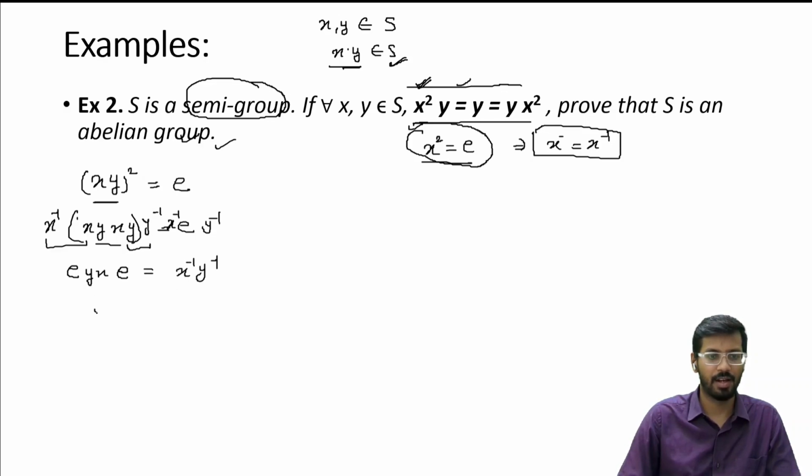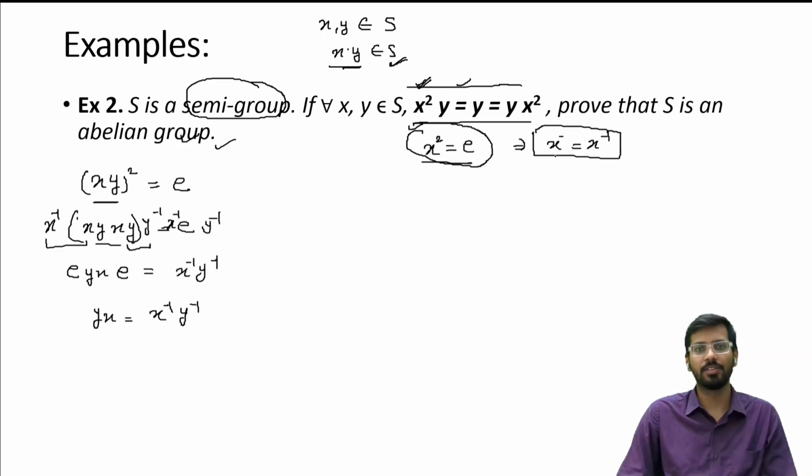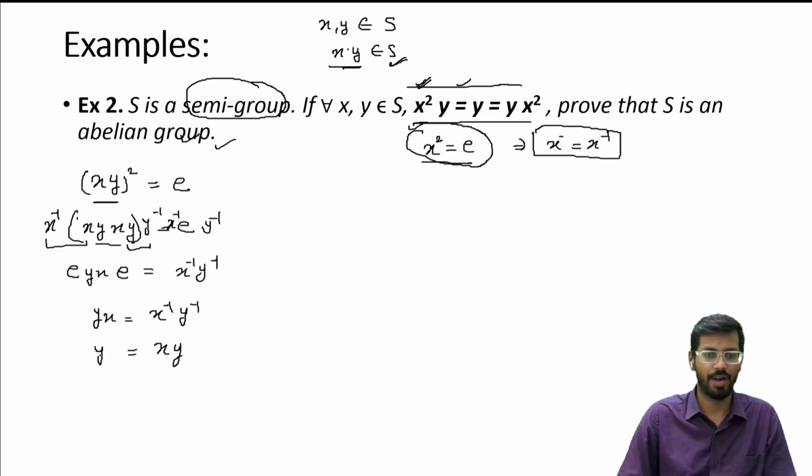So from this we can write yx equal to x inverse y inverse, and we know each element of this semigroup is equal to its own inverse. So from this we can write x inverse is equal to x and y inverse is equal to y. So yx is equal to xy.